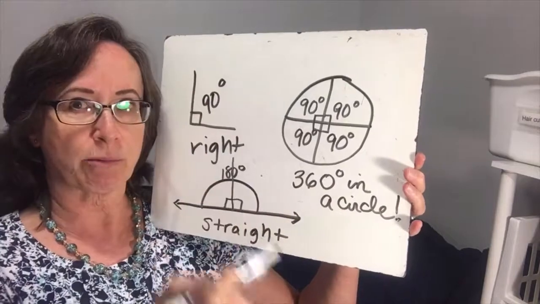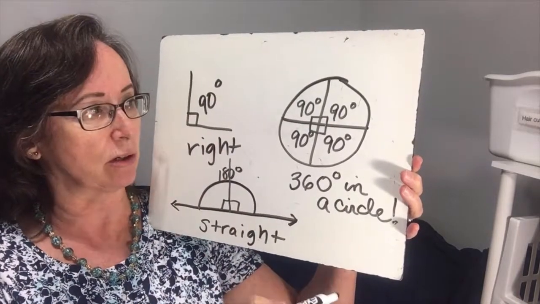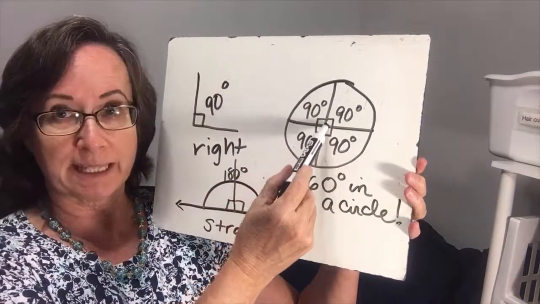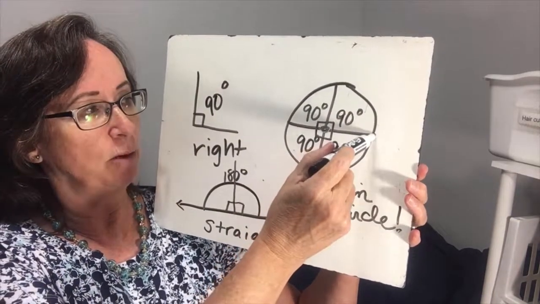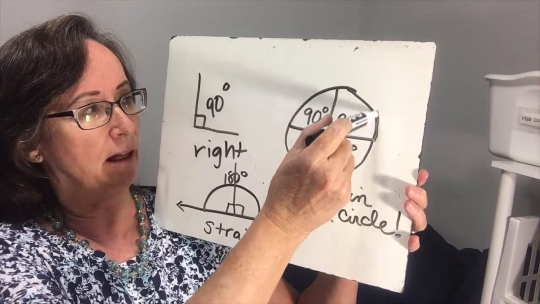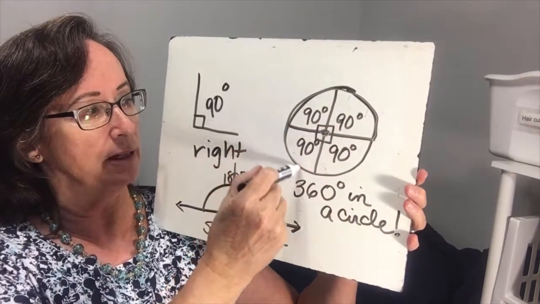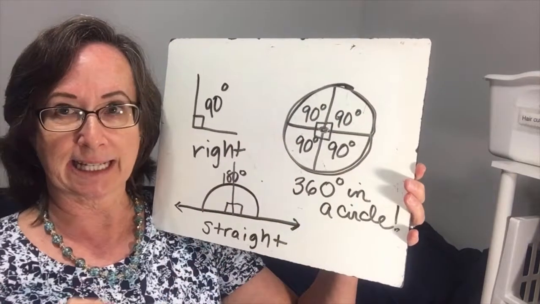So we say there are 360 degrees in a circle, and that's being measured from the center of the circle. If you started right there at the center, and then you measured this angle all the way around, it would be 360 degrees.